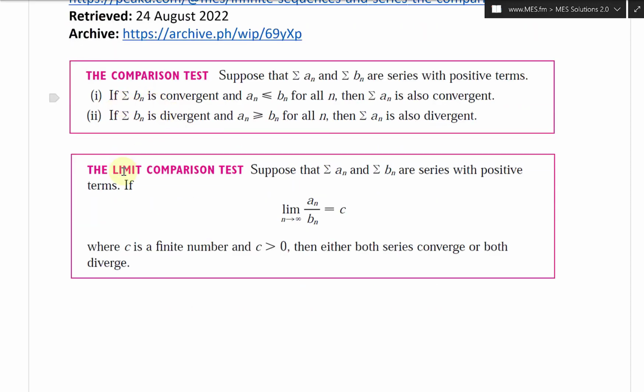Just to recap, the limit comparison test is: suppose that the series an and bn are series of positive terms. If the limit as n approaches infinity of an divided by bn equals c, where c is a finite number and c is greater than 0, then either both series converge or both diverge.